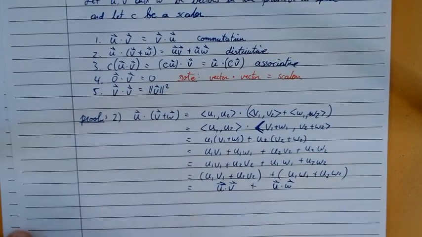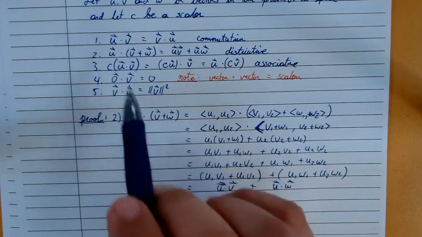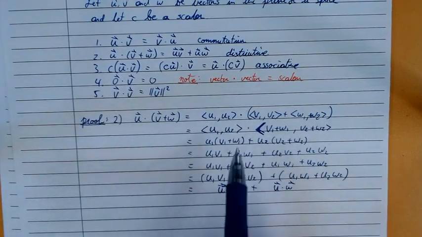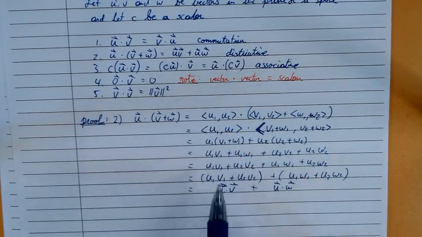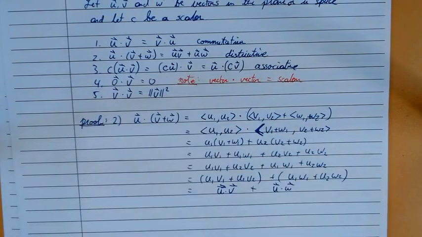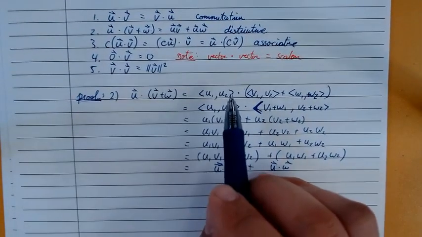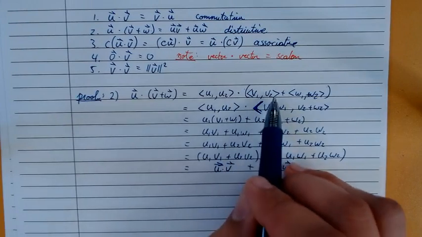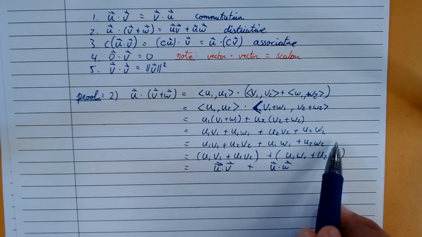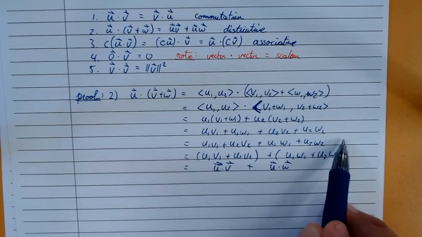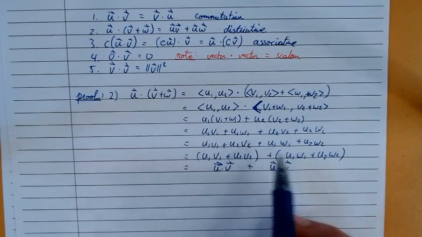The proof of all the rest of these works the same way. You're going to go ahead and write out one side in component form, simplify things out, and then separate that back out into vector form, and that should give you the right-hand side. Note that if we wanted to do this in space, you would just have one extra component, u3, v3, w3, and everything would work the same way, except over here you would have had plus u3 v3 plus u3 w3.